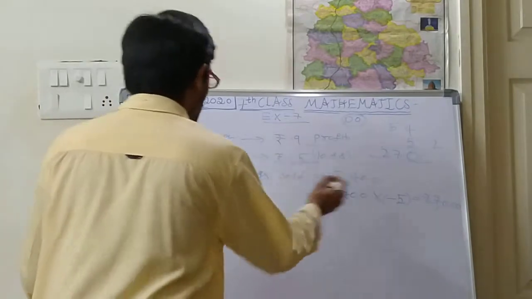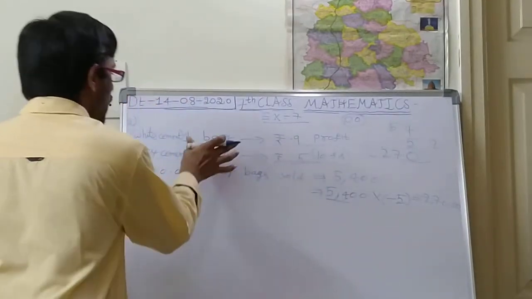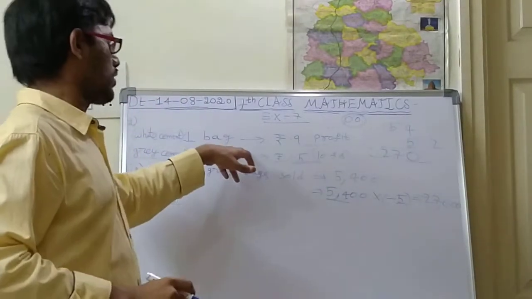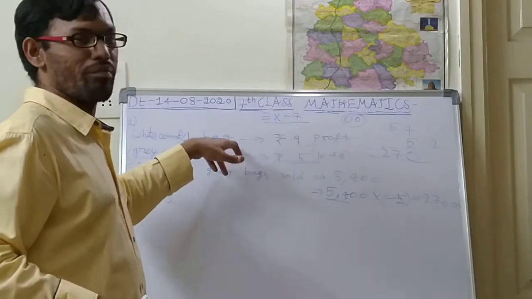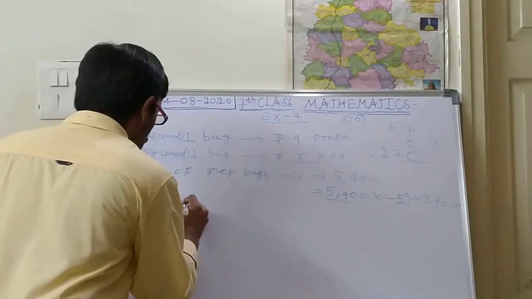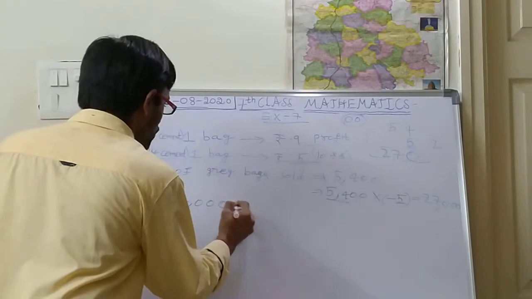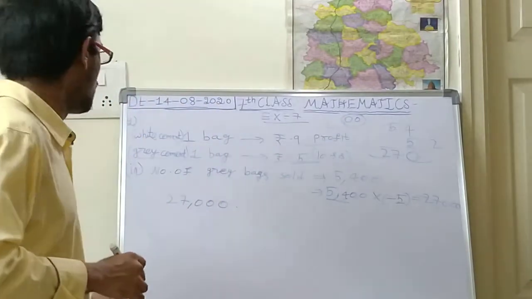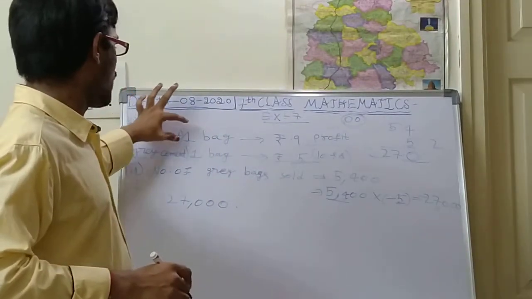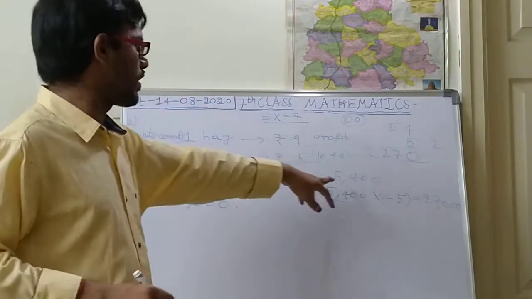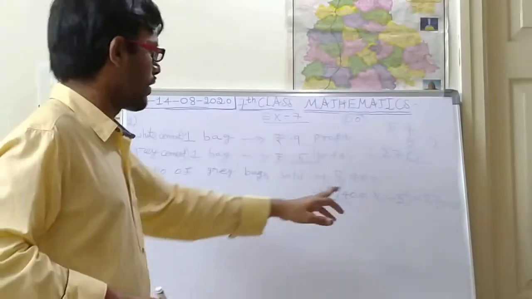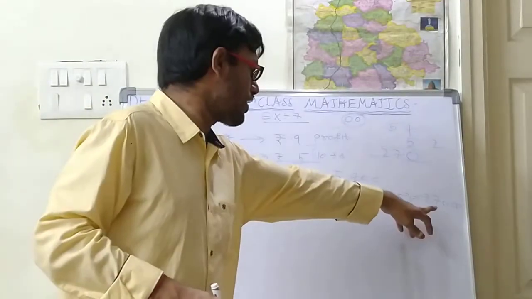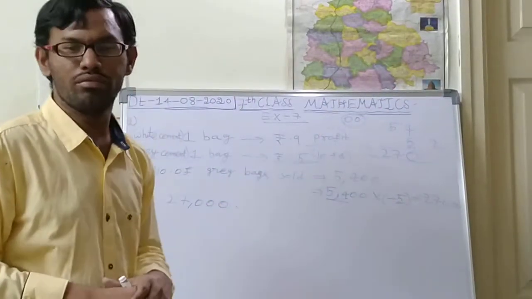So here what you have to take, the cost for the bags should be compulsorily 27,000. Because the number of grey bags sold is 5,400, for that how much loss he got? 27,000 loss.